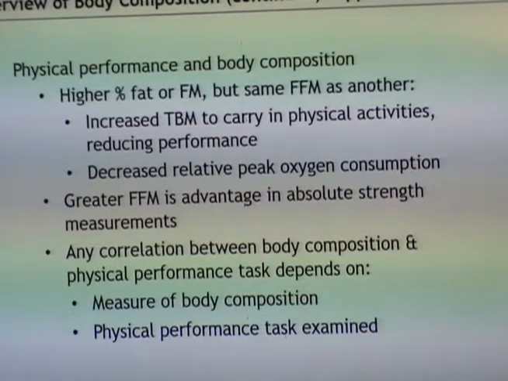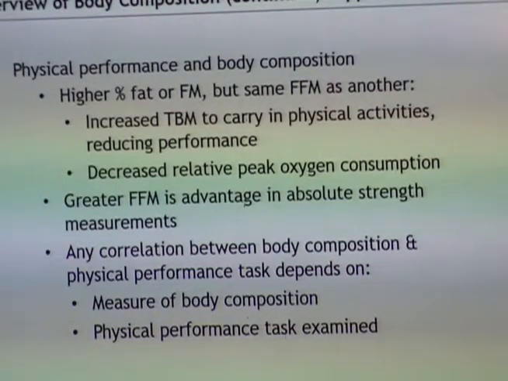When they run those kinds of tests, what you see is a pretty decent negative correlation between body fat percentage and performance on the test. But when they start looking at a competition or a game, the correlation gets a lot smaller. We don't see quite the same. Well, there's a lot more mental stuff going on in a game than there is in a test.